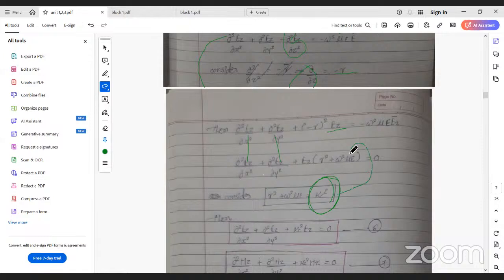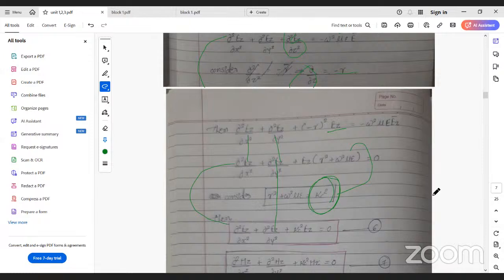Rewriting the equation once again, in this I am substituting. Now what is the equation? Dou square Ez by dou x square, dou square Ez by dou y square, plus Kc square Ez equals 0.